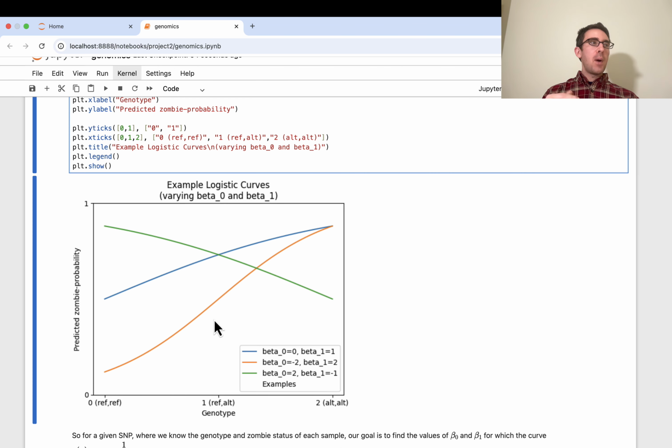But in terms of biological interpretation, even though the curves are continuous, the only input values of X that we're really interested in are the 0, 1, and 2 values for our 0, 1, and 2 genotypes.